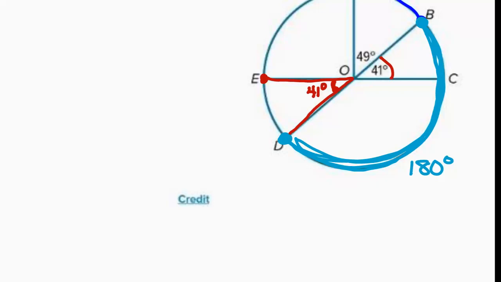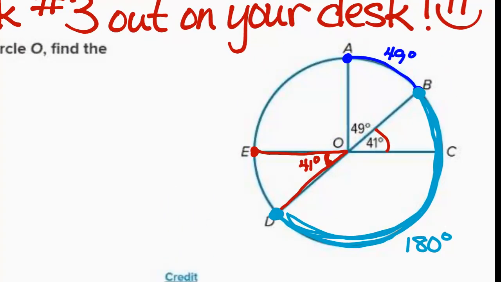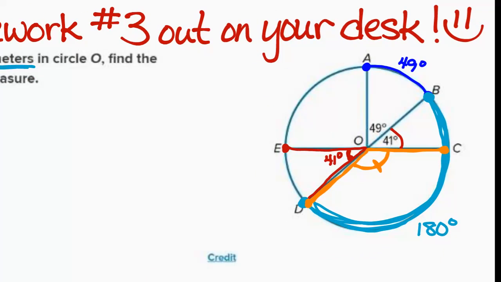Angle COD. C over here to O and then down to D. This angle right here is the one that we're looking for. Well, what did we just say about arc DCB? It's 180. And arc DCB is including the angle that we're looking for right here, and then it also includes this.